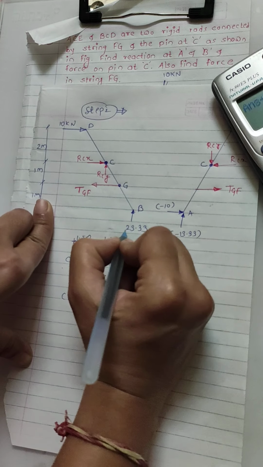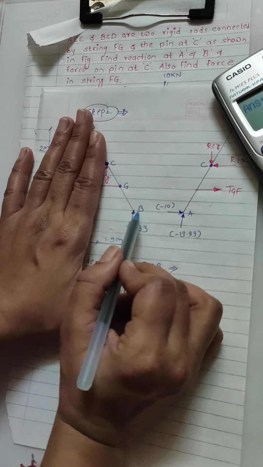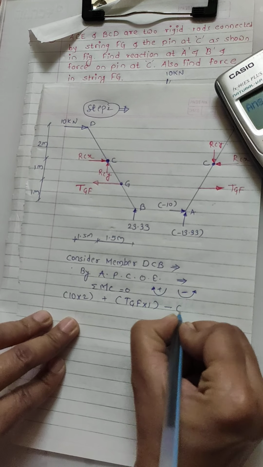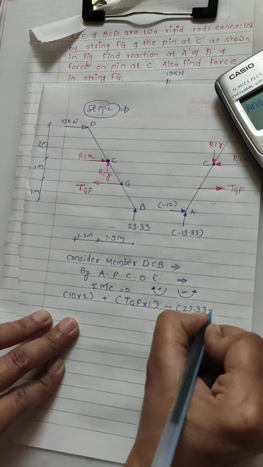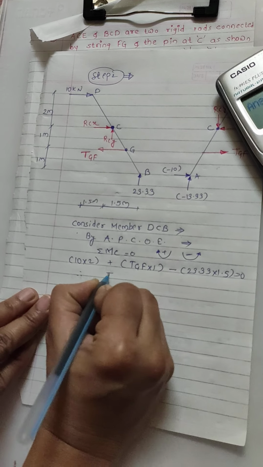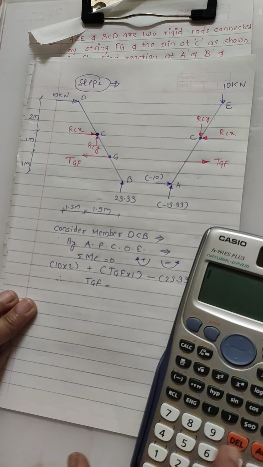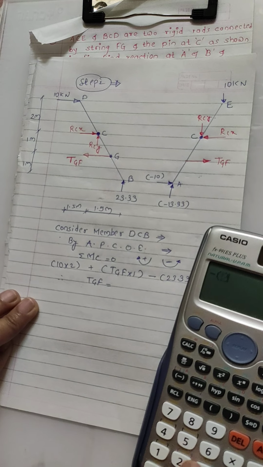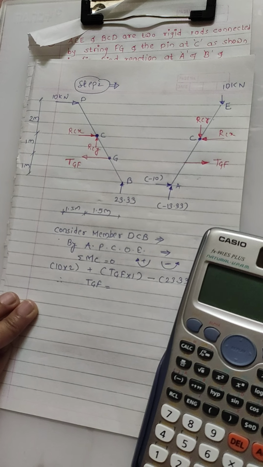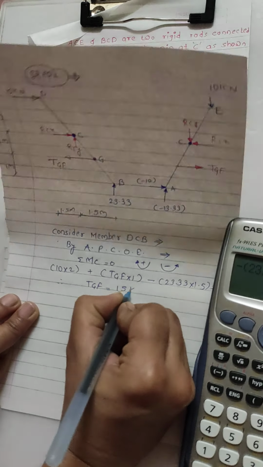And moment of this 23.33 at C. Force is vertical, so perpendicular distance will be horizontal, and it is 1.5, acting anti-clockwise, equals 0. So here I will get the value of TGF. So it is 15 kilonewton.